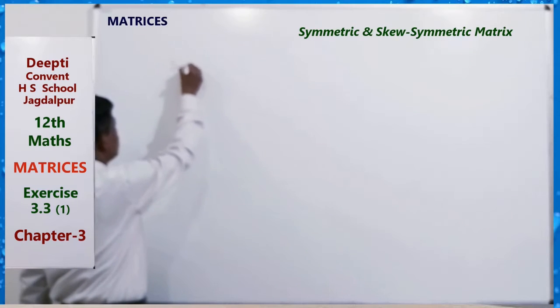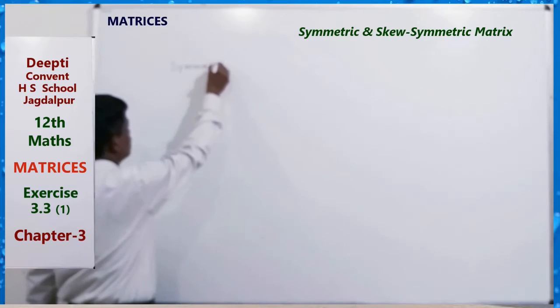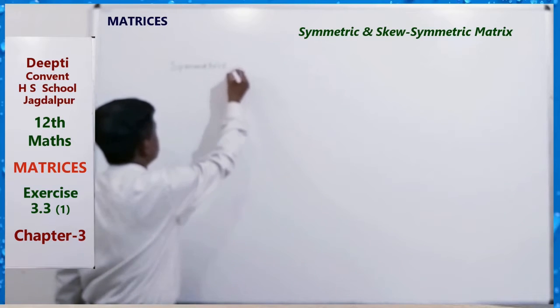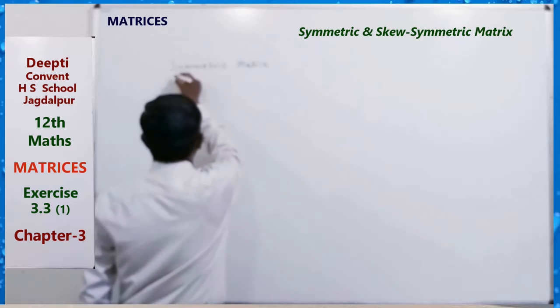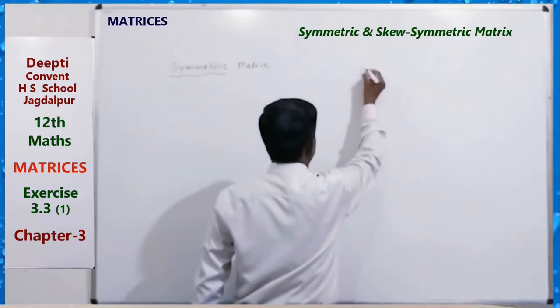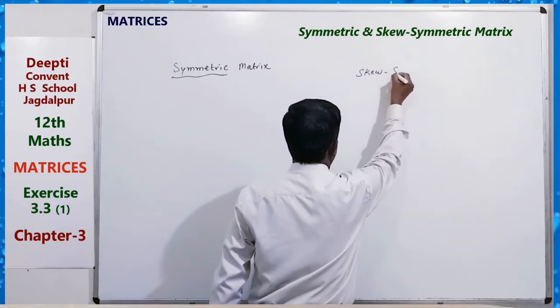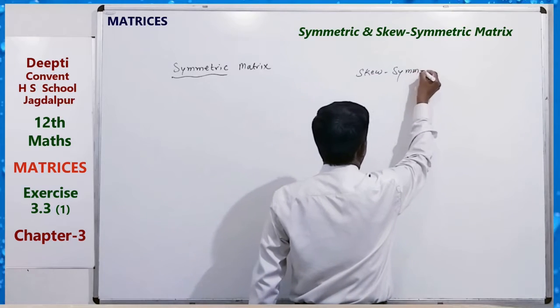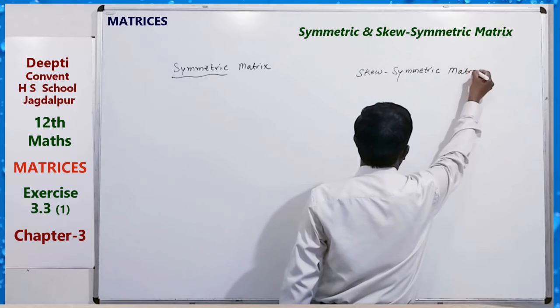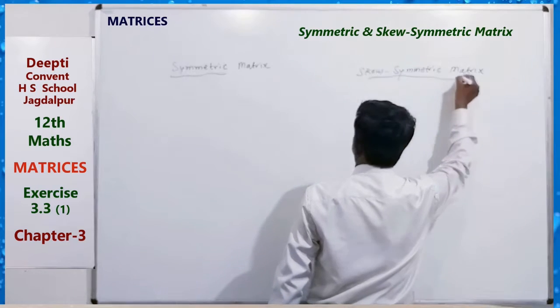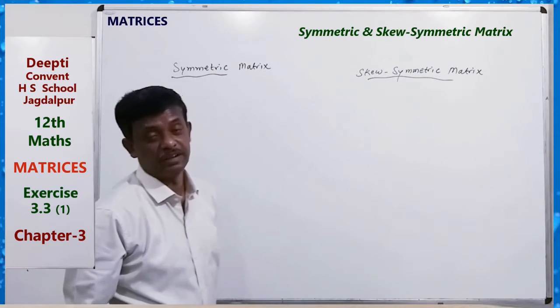Symmetric matrix and skew-symmetric matrix. What is the definition?